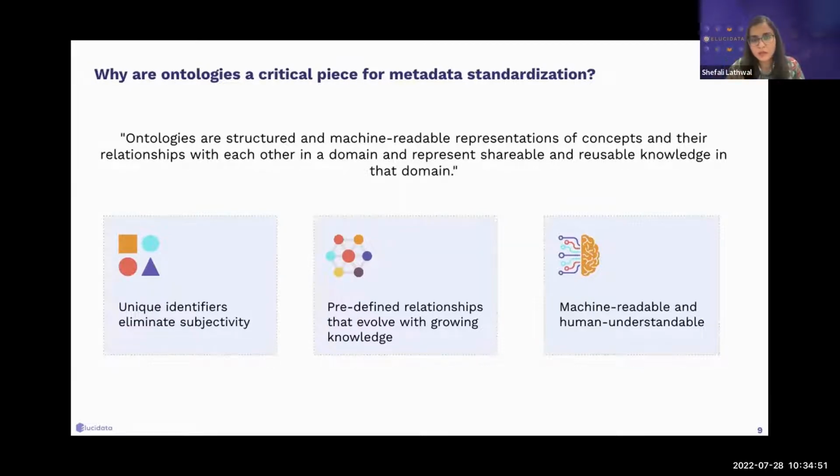But equally important is that the concepts in many ontologies are also designed to be understandable to humans. And that's really important because when we apply these ontologies to specific types of metadata, we can look at these concepts and evaluate whether a specific ontological term makes sense in the context that we are using that ontology.